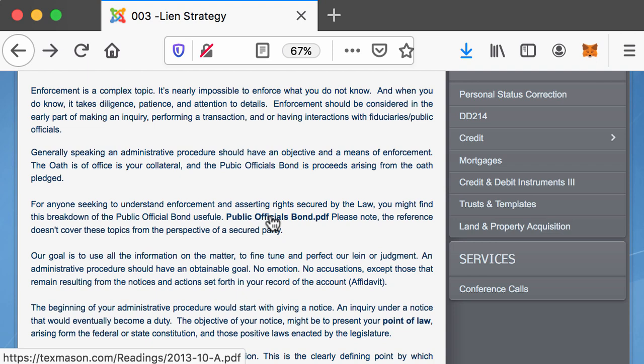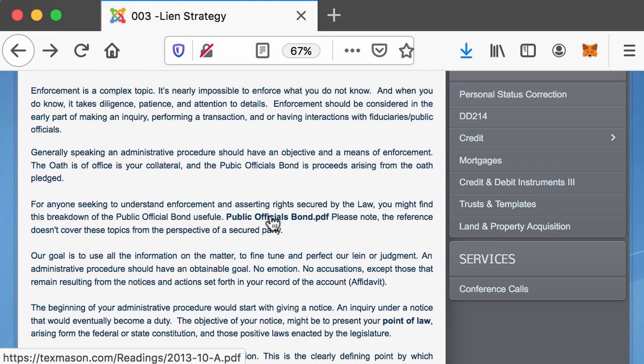So if there's a default, we perfect a security interest in the collateral and the proceeds under it, meaning that we basically have a judgment for a security interest in the proceeds of the bond, right? So we're kind of doing a prejudicial process to have a claim by contract.